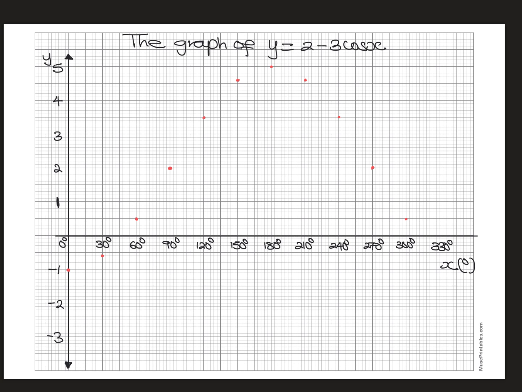And finally, when x is 330 degrees, y is negative 0.6. So after indicating the points, we are going to use a smooth curve or smooth line to join the points.